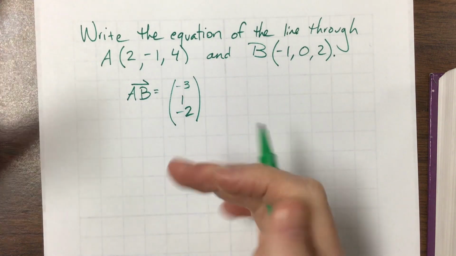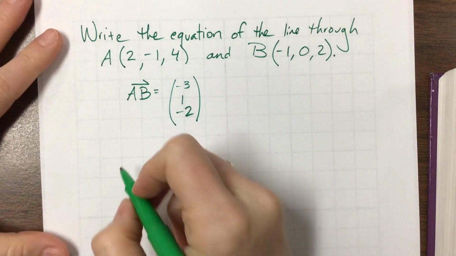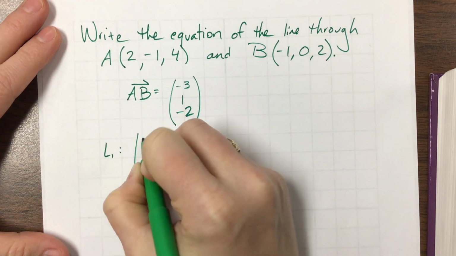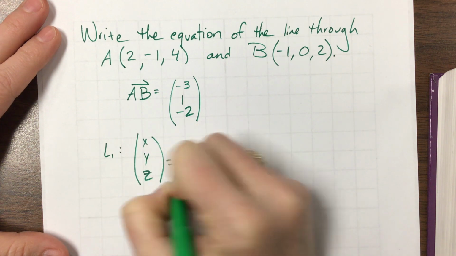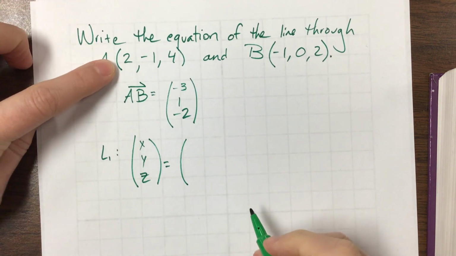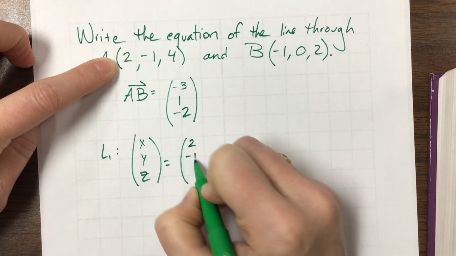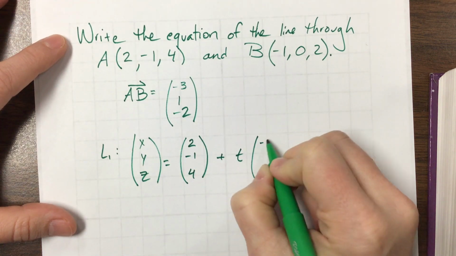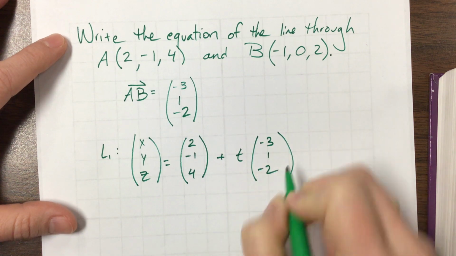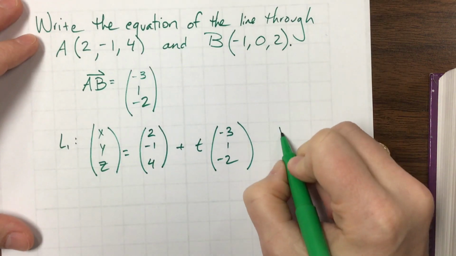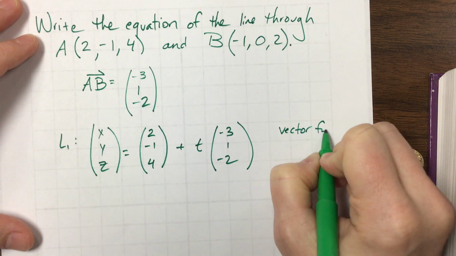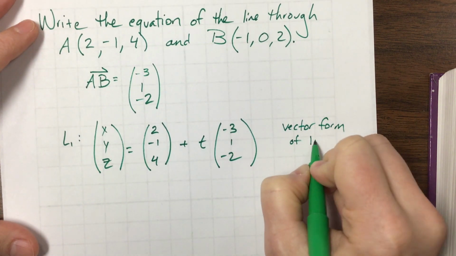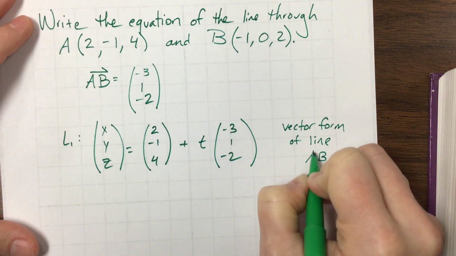So one equation that I can come up with is that this line 1, x, y, z is equal to, well, I have to get to the line, so I can get to point A by going 2, -1, 4, plus t times -3, 1, -2, and this is what we call the vector form of the line AB.